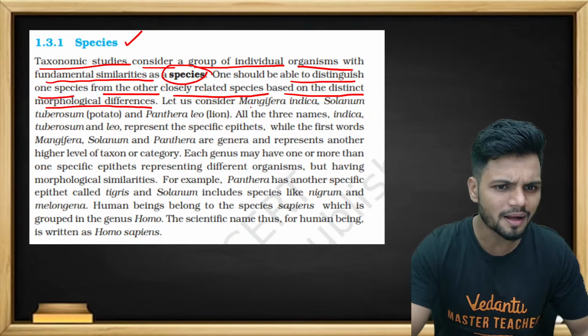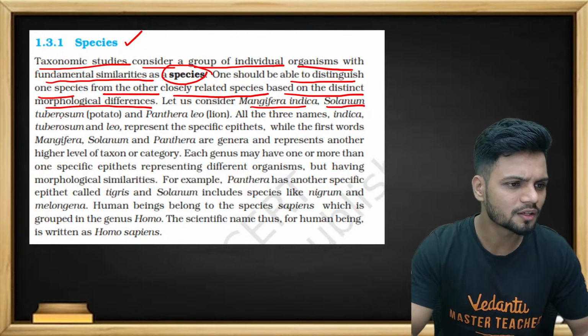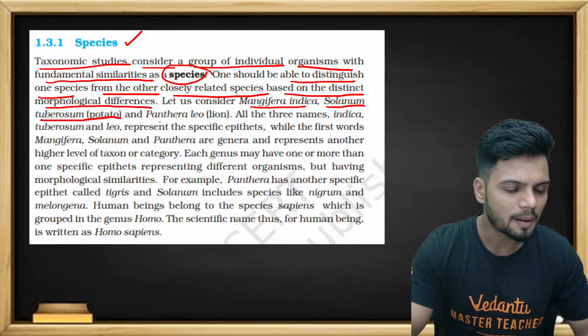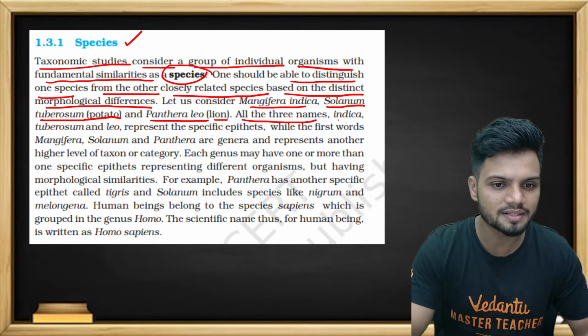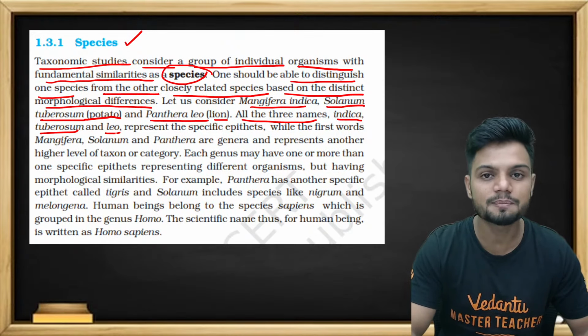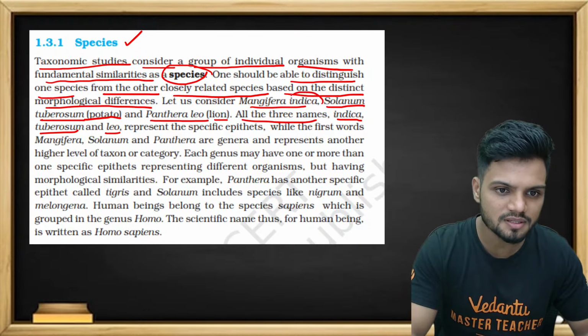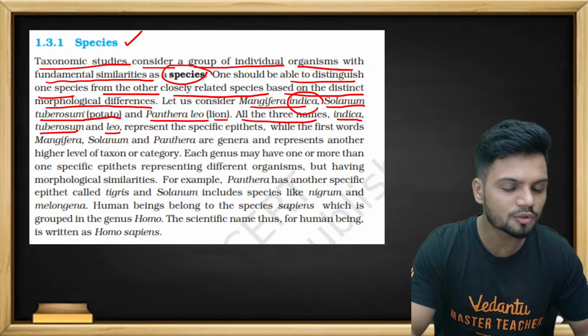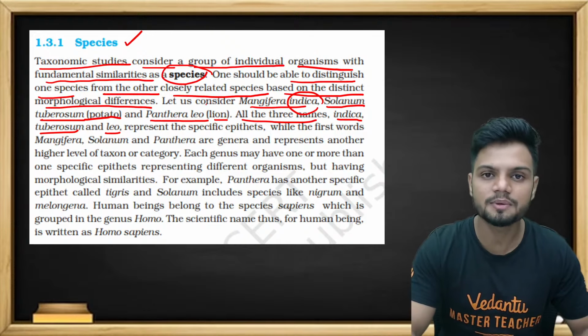Let us consider Mangifera indica, Solanum tuberosum and Panthera leo, that is lion. All three names indicate indica, tuberosum and leo. That is the species, right? See, the second part is always the species. Indica is a species, tuberosum is a species, and leo is a species.